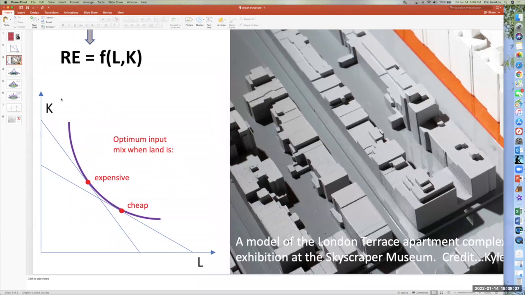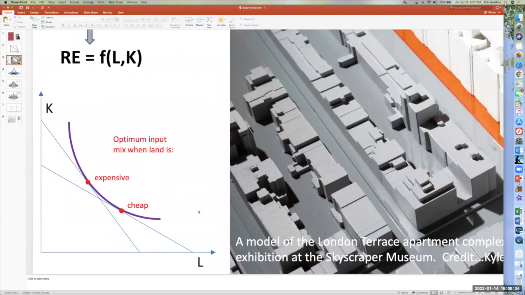So it's all the other stuff that goes into the building, right? Now, the challenge for the developer is to deliver a certain quality, a kind of benchmarked level of accommodation or office space, etc., in the most efficient possible way.